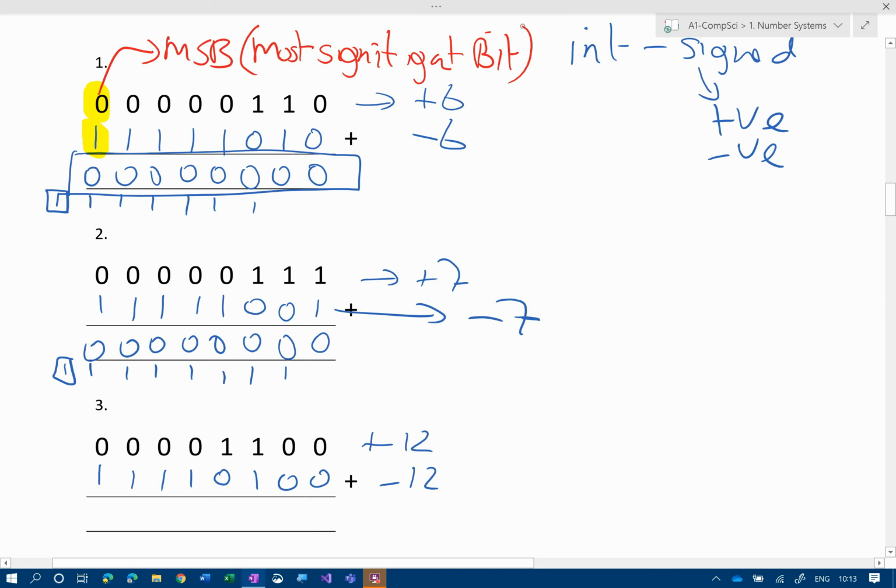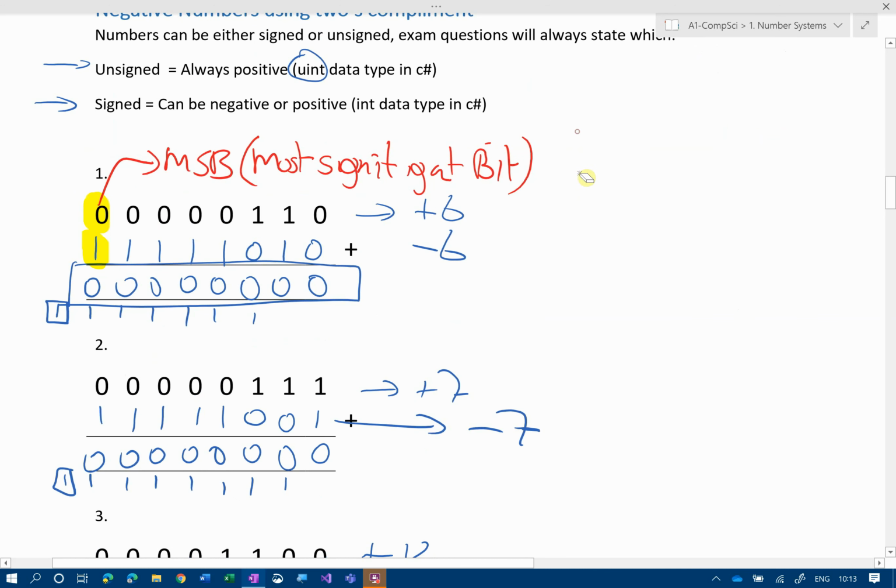If the most significant bit is 0, then it's a positive number. If it's 1, it suddenly becomes negative.